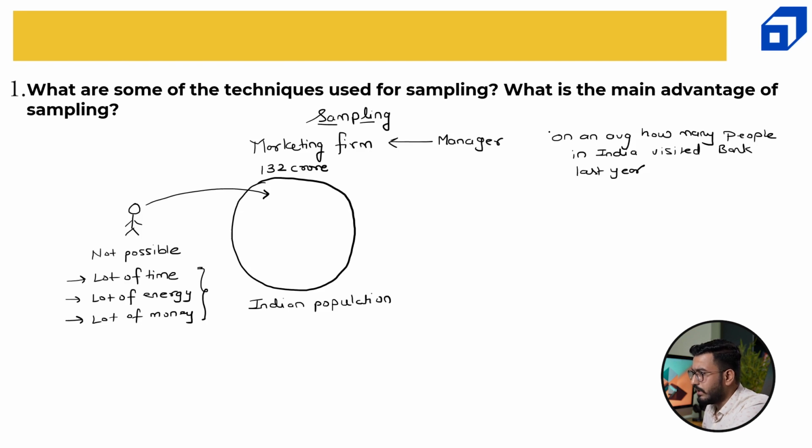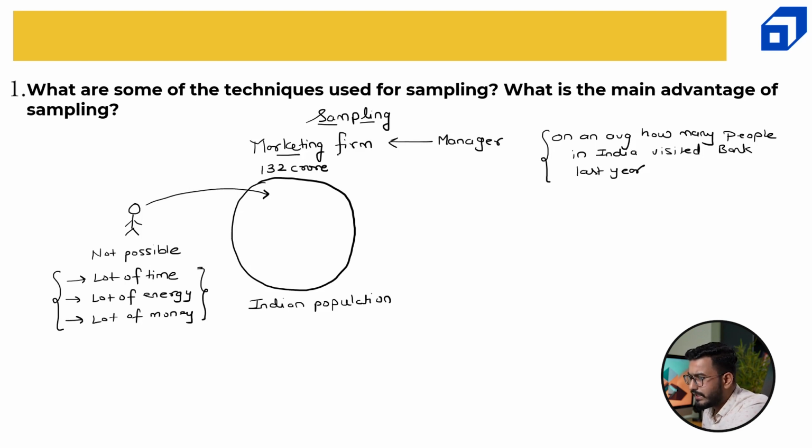For such a simple question, which looks very simple right now to all of you, for a marketing company this is a lot of task. So these kind of large scale surveys are actually performed by the Indian government, which we call as census.